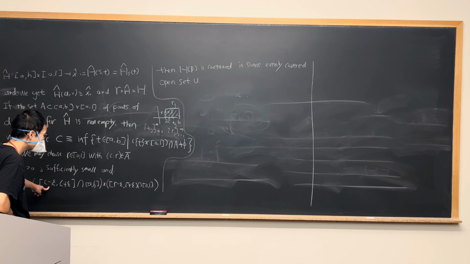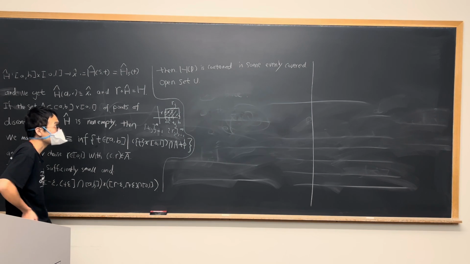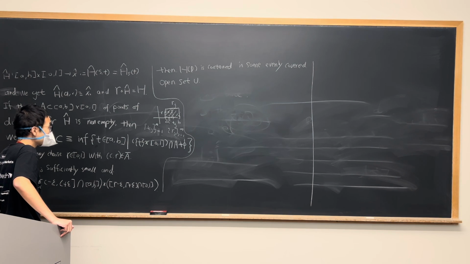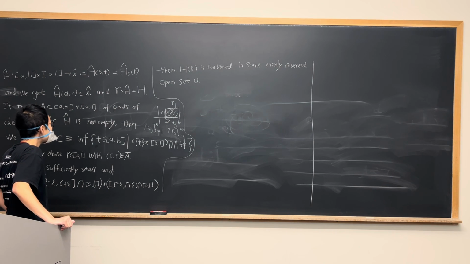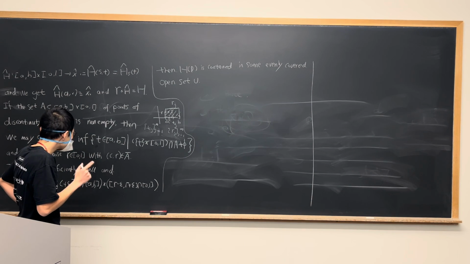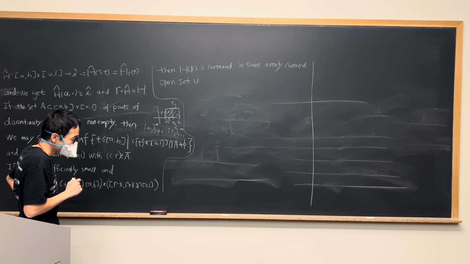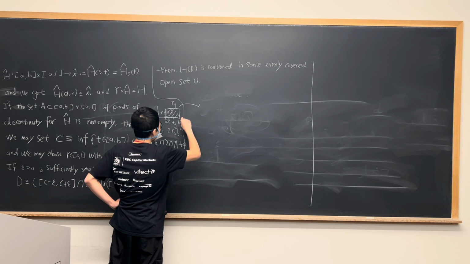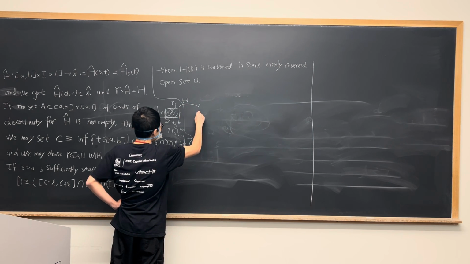Okay, let's see why H(D) is contained in some evenly covered open set U. Here we are just talking about H, not H tilde. We know that this H is a homotopy, therefore it is continuous.